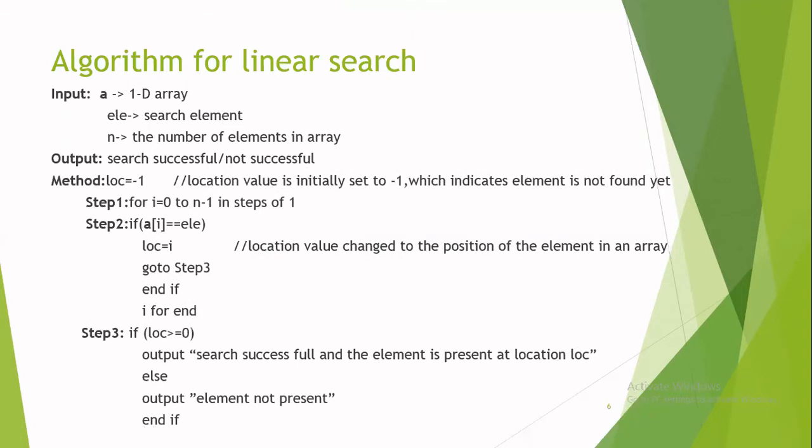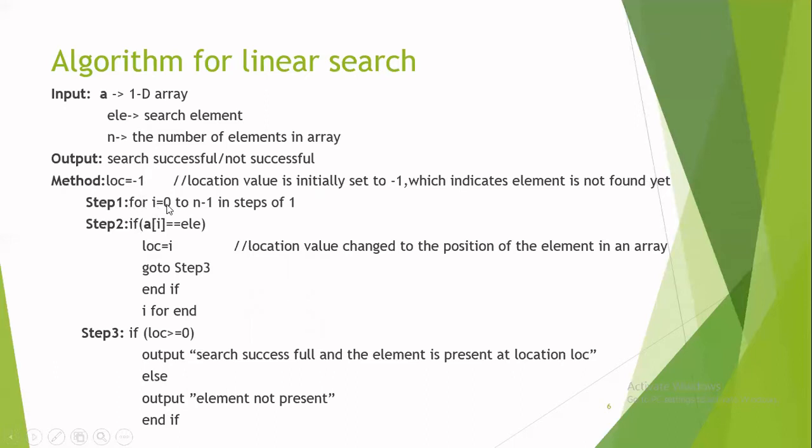Coming to the methodology, here we are using a location pointer variable which is initially set to -1, which indicates that the element is not found yet. If the element is found in the list, then we are going to update this location variable to the location of that element.